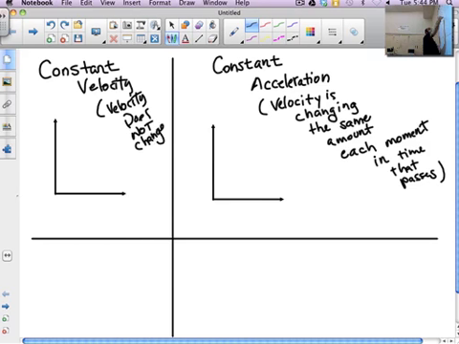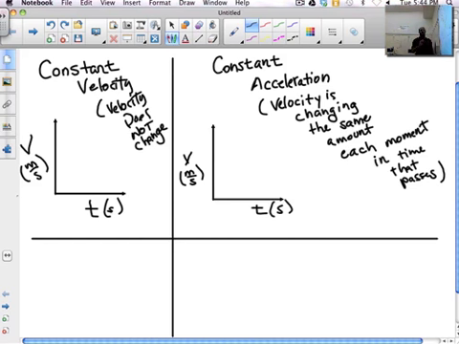So let's contrast our velocity, let's say it's measured in meters per second. A velocity versus time graph when an object is moving with constant velocity, versus a velocity-time graph when an object is changing its velocity the same amount each moment.